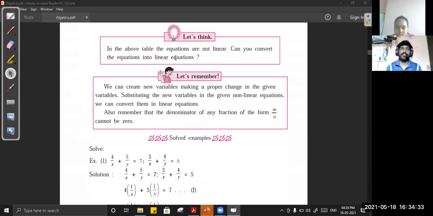If you read this small note given here, it says in the above table, the equations are not linear. Can you convert the equations into linear equations? That is the question. So our next exercise is converting these non-linear equations into linear equations and solving them. Did you get the concept? What has to be done? Yes or no? Yes. Okay.